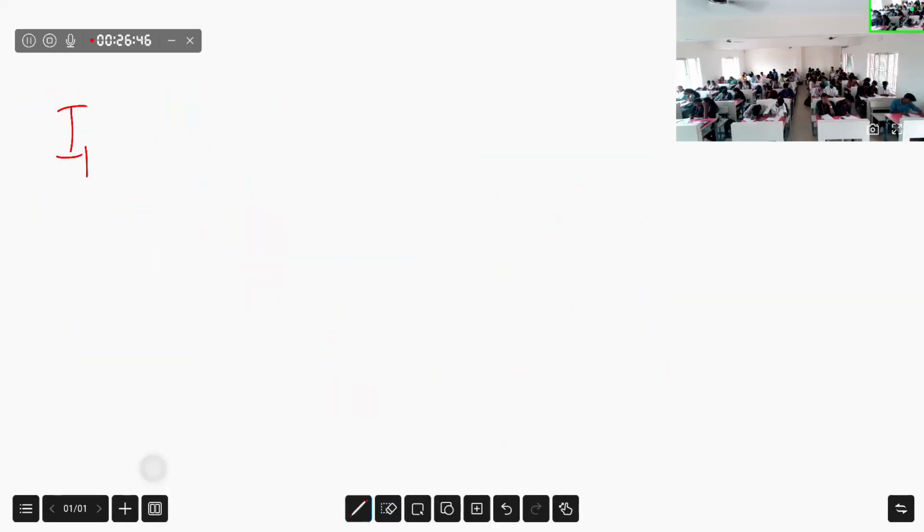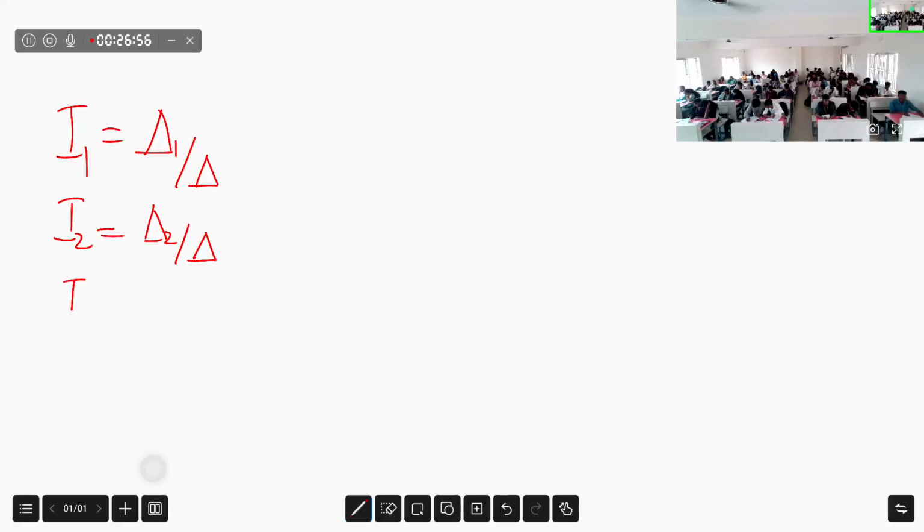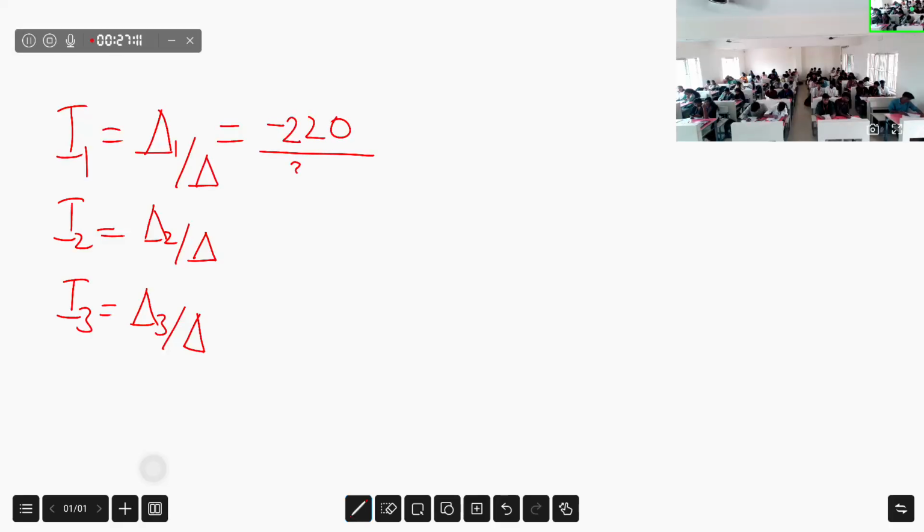Minus 220. Yes, sir. Del value is 356. So del 2 value is minus 680 divided by 356, and I3 is equal to minus 780 divided by 356.